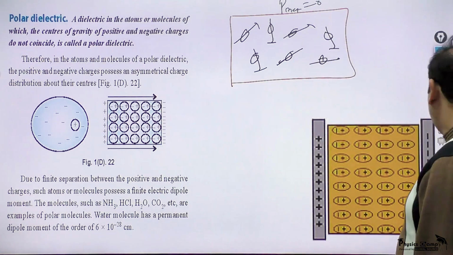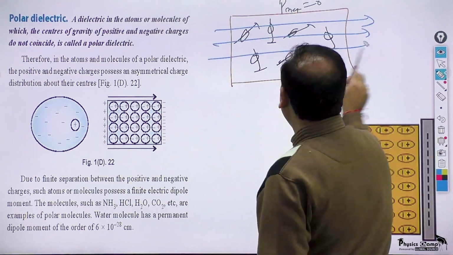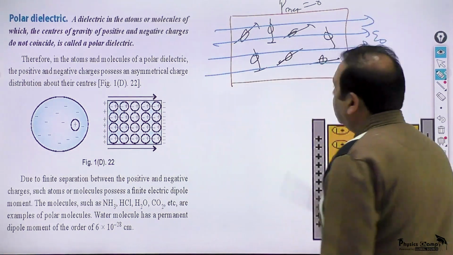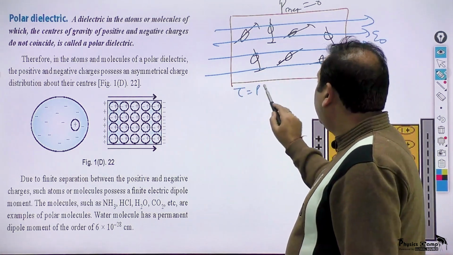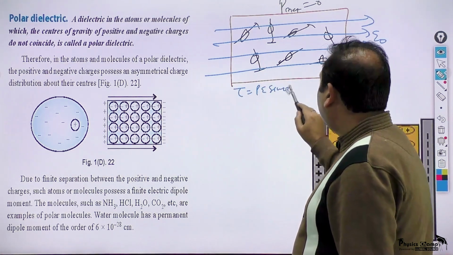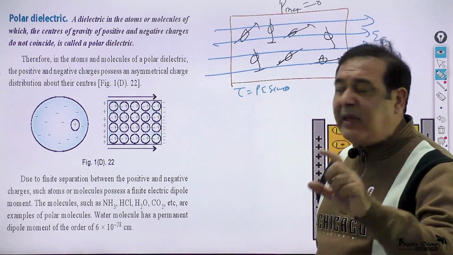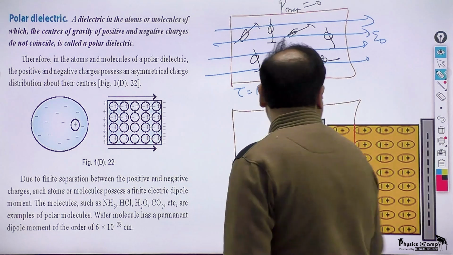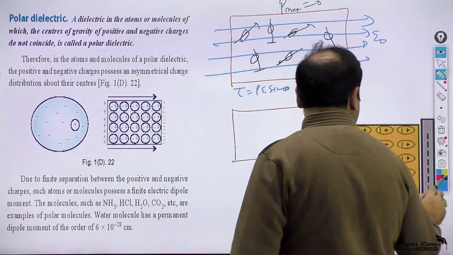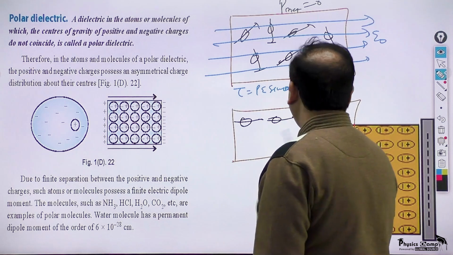But when we apply an external electric field, all of them experience a torque pE sin theta. Under that torque, which tries to align them, finally what we observe is that these electric dipoles are now aligned in the direction of the electric field.